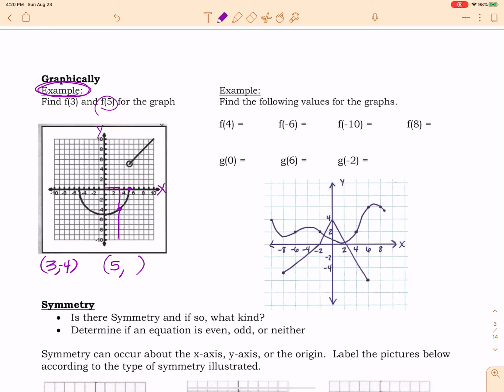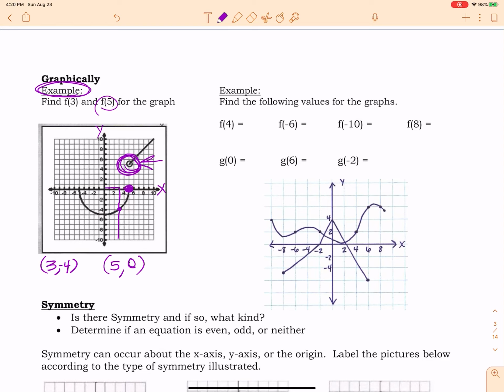So that's that right there. Well, this graph would be at 0. So 5, 0 because it's on the x-axis. But pay attention to what's happening up here. Anytime you see an open circle, that means that value doesn't exist right there. So we do have a y value for when x is 5 here, but not up here.